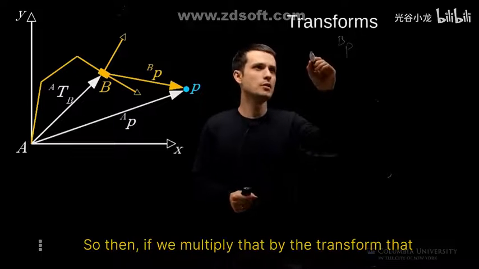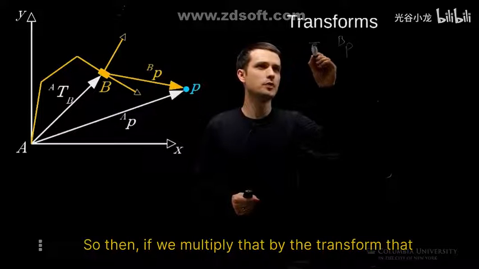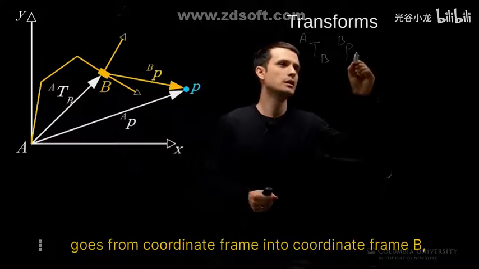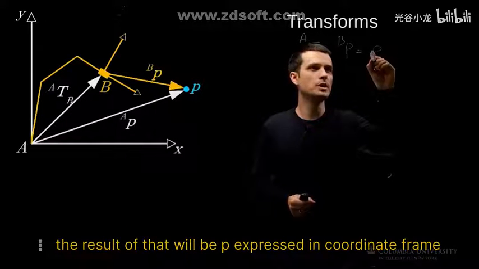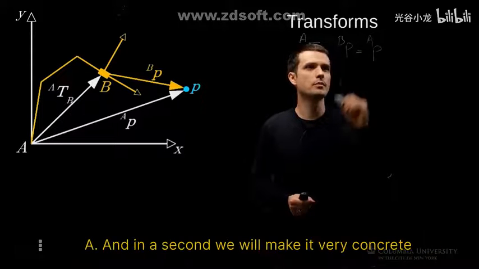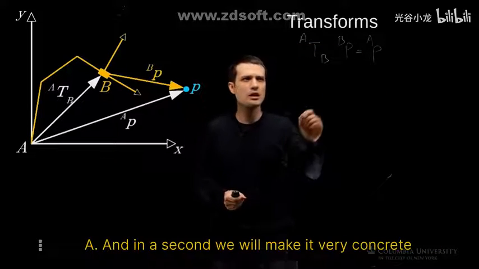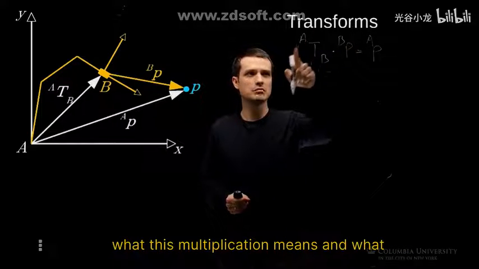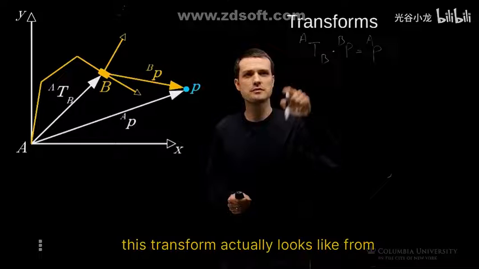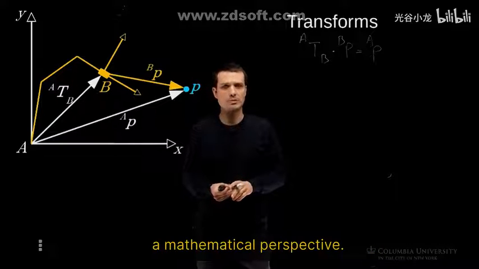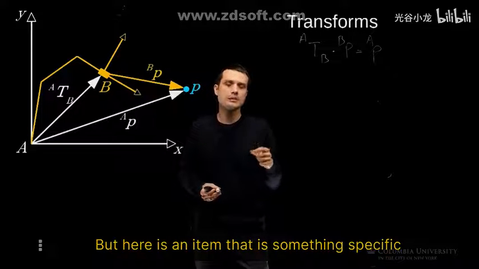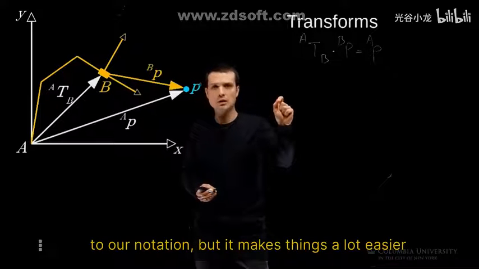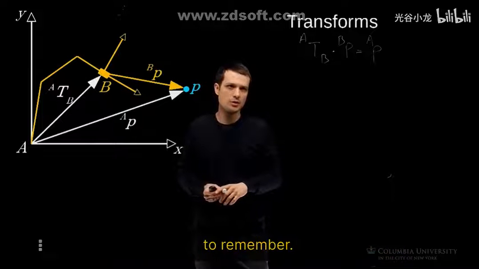Then, if we multiply that by the transform that goes from coordinate frame A into coordinate frame B, the result of that will be point P expressed in coordinate frame A. And in a second, we will make it very concrete what this multiplication means and what this transform actually looks like from a mathematical perspective. But here is something specific to our notation, but it makes things a lot easier to remember.